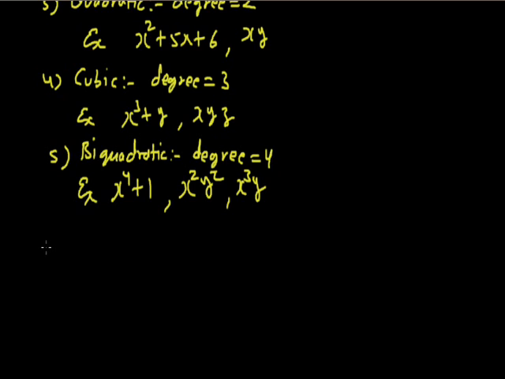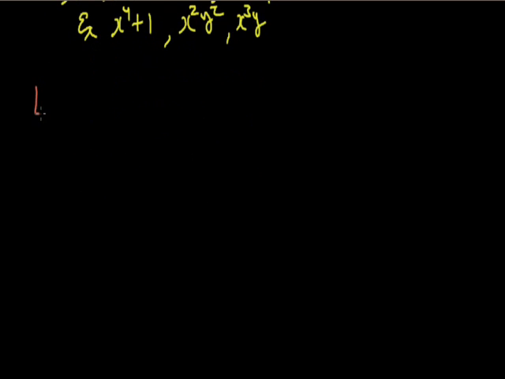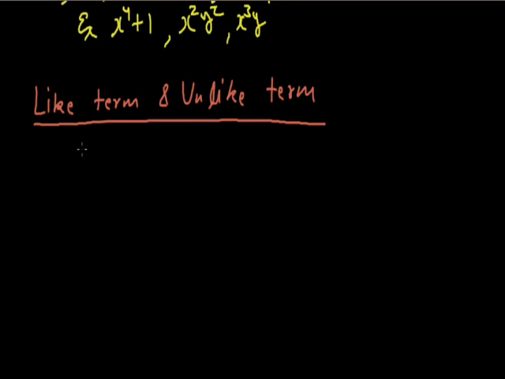Now after that we define what are the like terms and the unlike terms. Like terms and unlike terms are defined as: if the terms contain the same variables with the same power, then the terms are said to be like terms, otherwise they are called unlike terms.